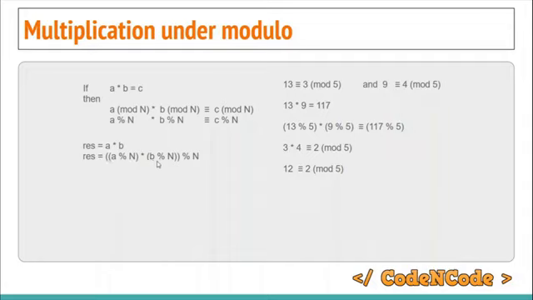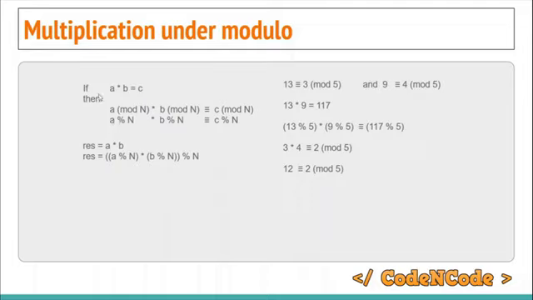The same goes for the second number. So a mod n and b mod n would be less than 10 to the power 9. If you multiply them, that would become 10 to the power 18, and 10 to the power 18 is inside the limit of long integers, so it would not result in overflow. And then finally take modulo to give the final result.